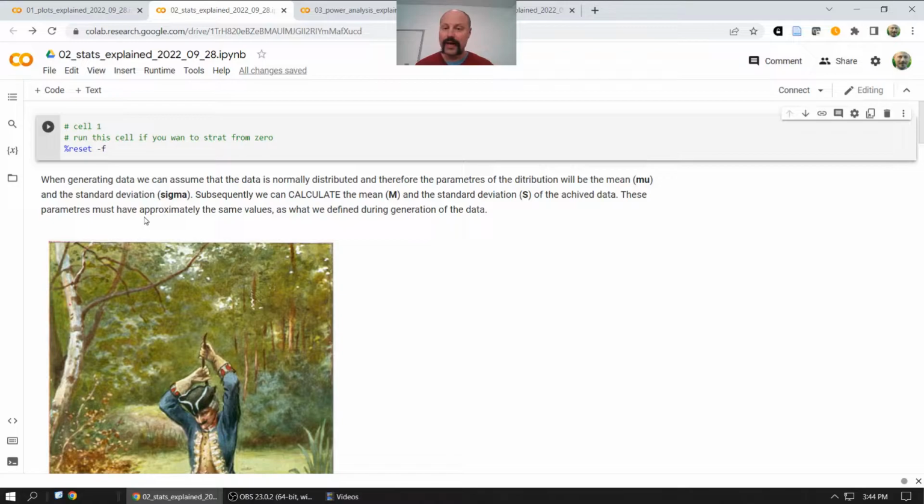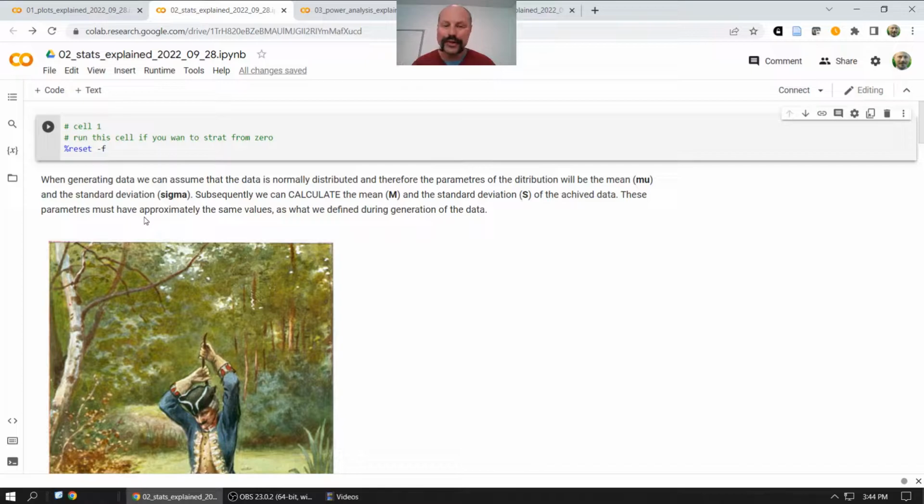You can ask the system to generate you some data with the parameters that you prefer. So you ask for a certain value of the mean for the data you obtain and a certain value of standard deviation.